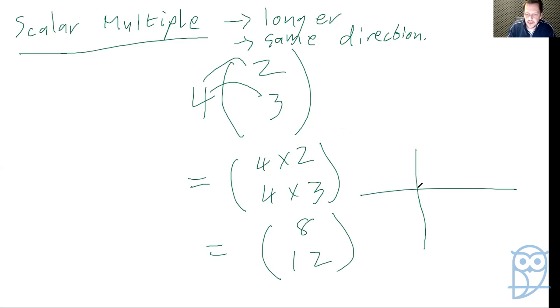So instead of having a vector of 2, 3, instead of having it at that length for this vector, it would now be, we add another 1, we add another 2, we add another 3.